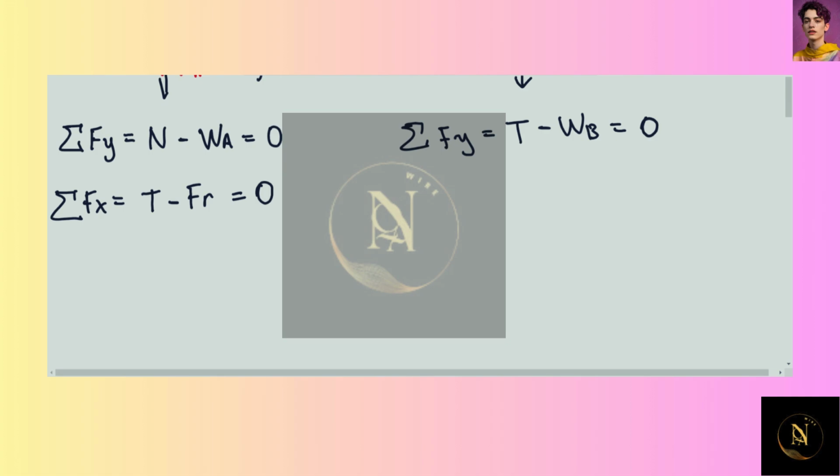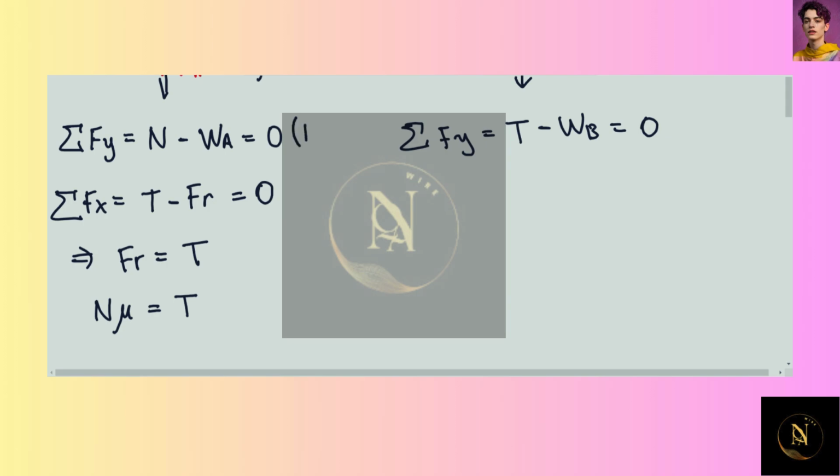From the first one, we obtain that the friction is equal to the tension. And we know the definition of the force of friction is the normal force times the coefficient of friction, and this is equal to the tension.